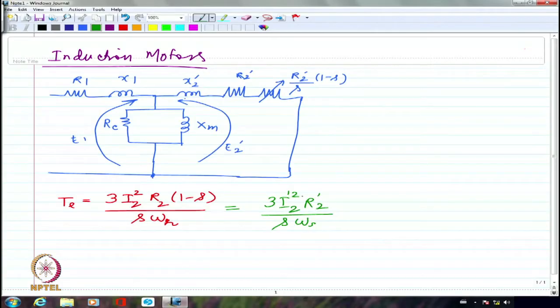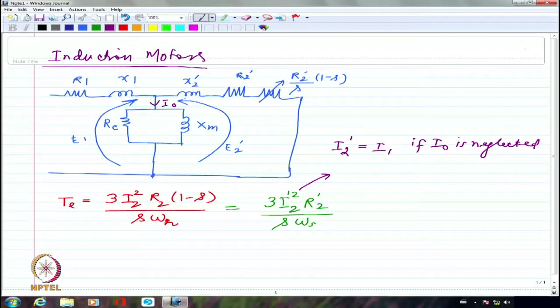Then we wrote the expression for I2. So we said I2 dash is equal to I1 if I neglect whatever goes as I0. So if I0 is neglected, and we chose to neglect it because we wanted a simpler expression in terms of V1 itself, whatever is the voltage that is being applied.